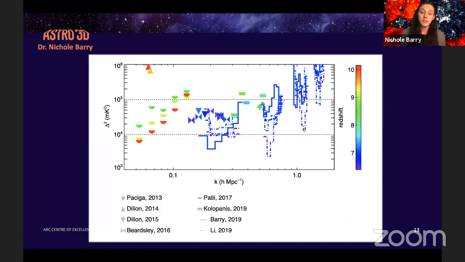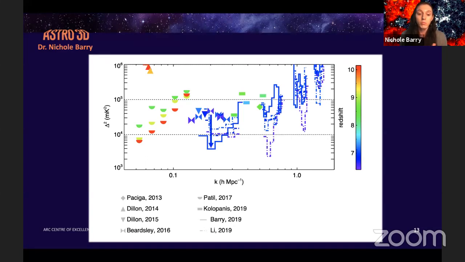This is what the field looked like at the end of 2019. Again, power spectrum, power as a function of K, with a variety of different publications and their redshift shown in color. I want to point out a particular one.